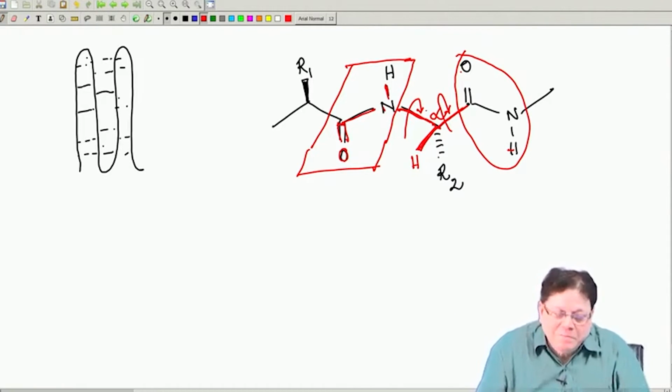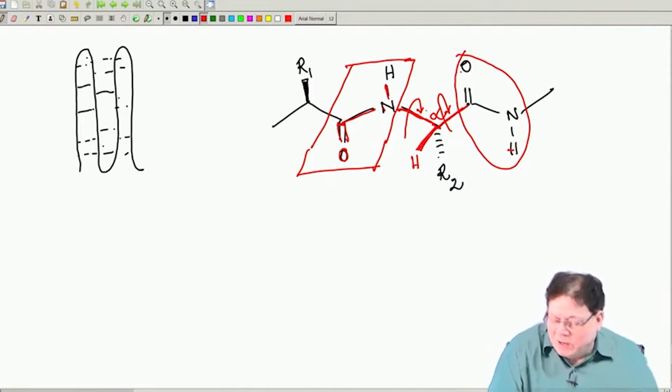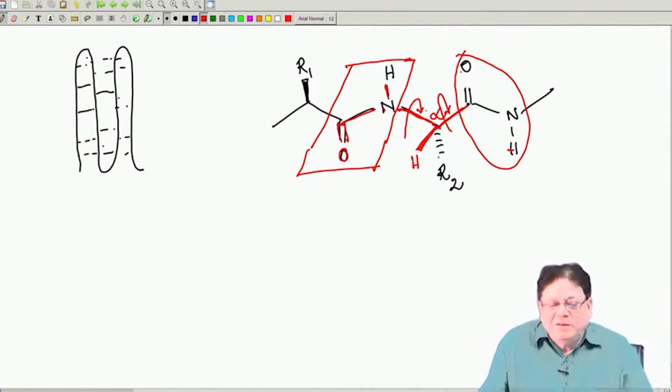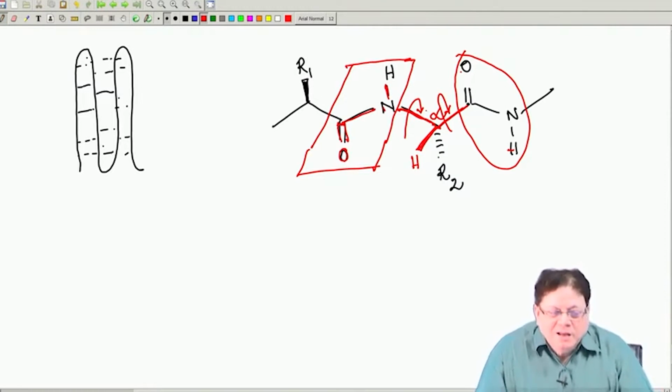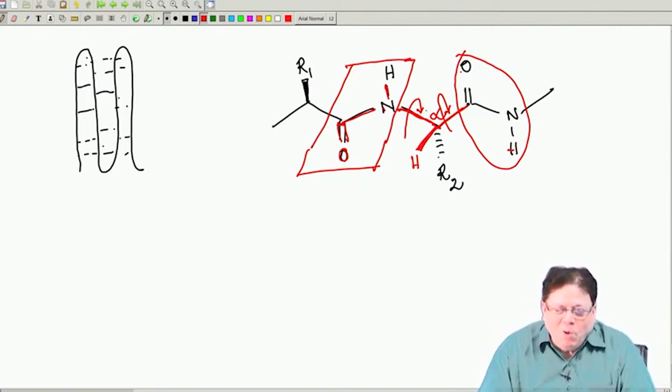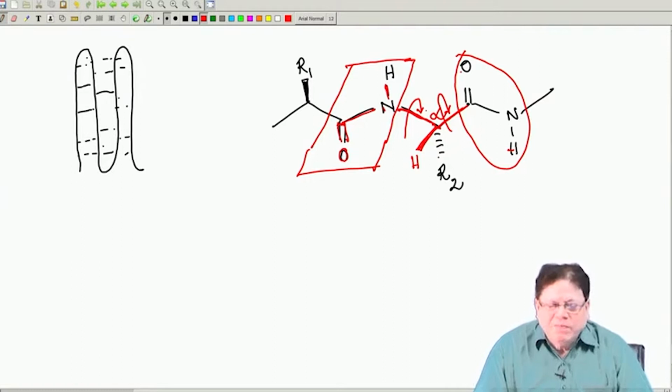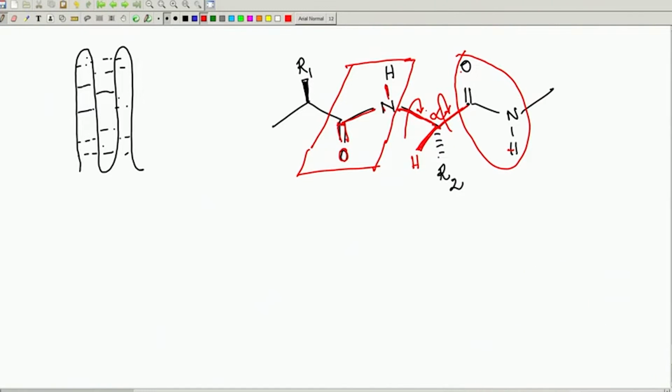Okay. Now, there was one famous Indian biochemist, Sir G.N. Ramachandran. He tried to see whether all types of rotations or any angle of rotation is allowed or not.